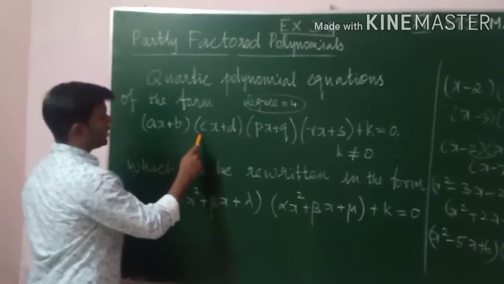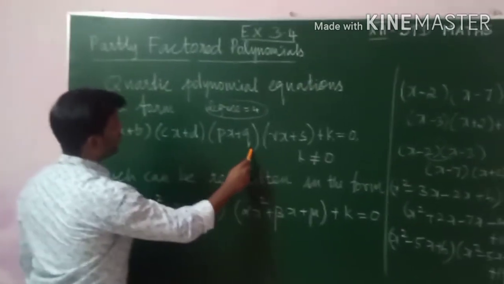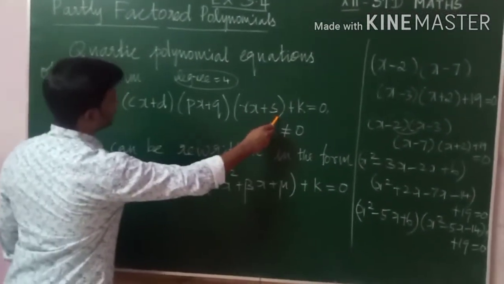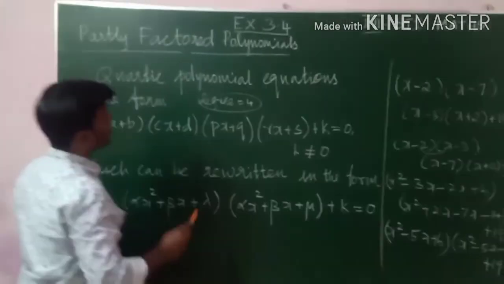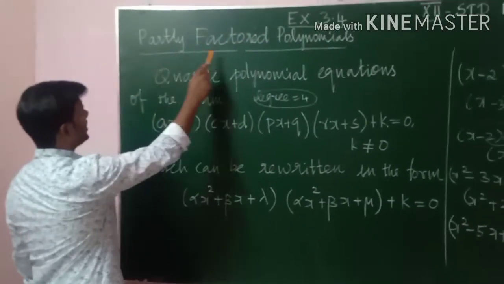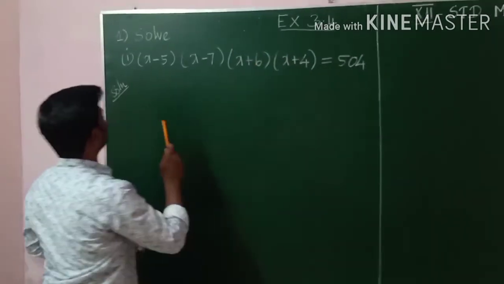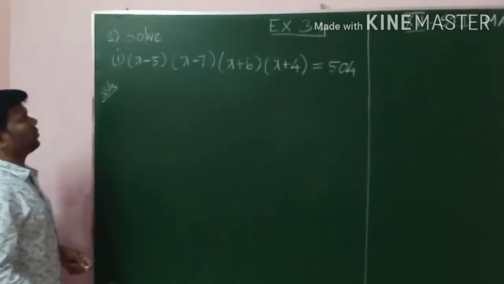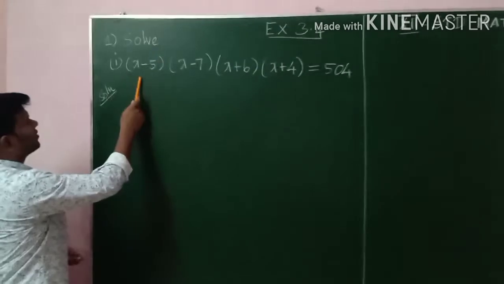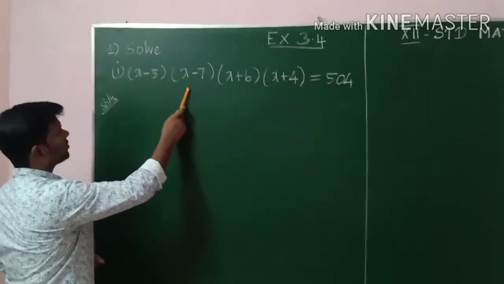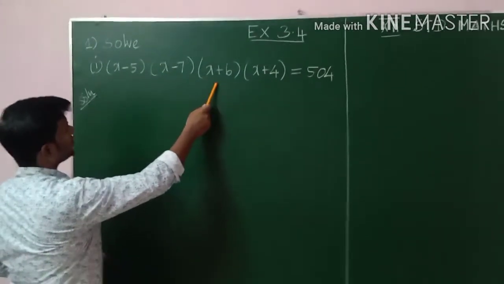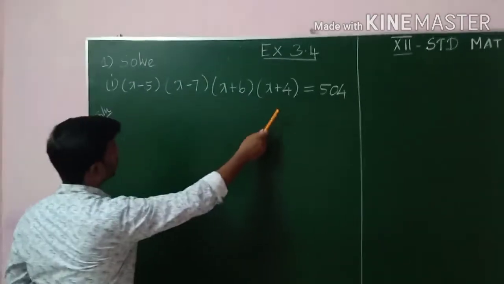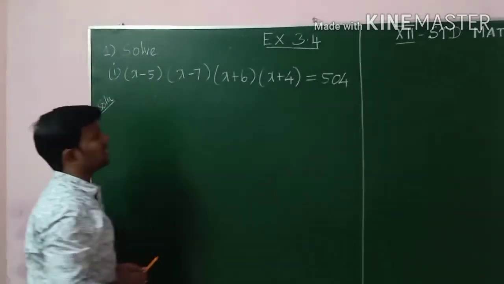So (ax + b)(cx + d)(px + q)(rx + s) + k = 0. This is partly factored polynomials. Now exercise 3.4, first question, first part. Solve (x − 5)(x − 7)(x + 6)(x + 4) = 504.